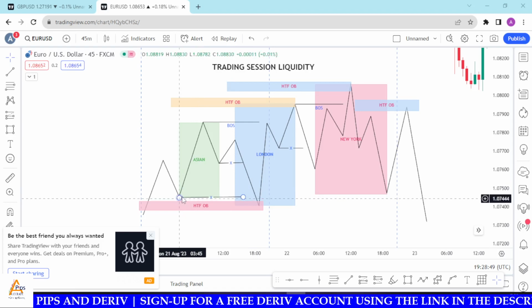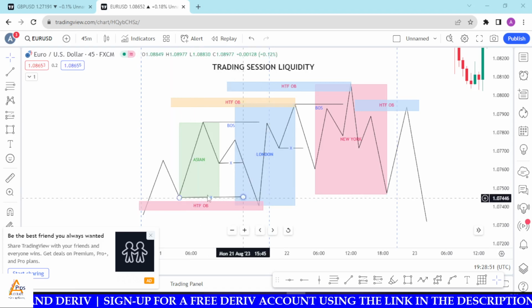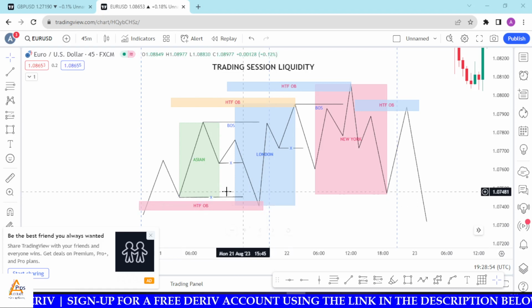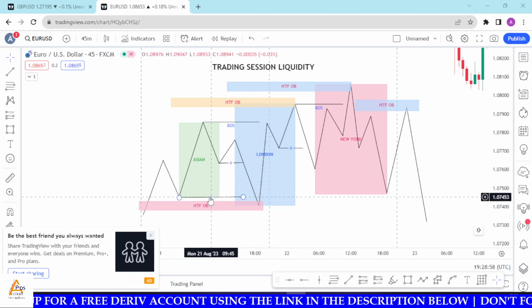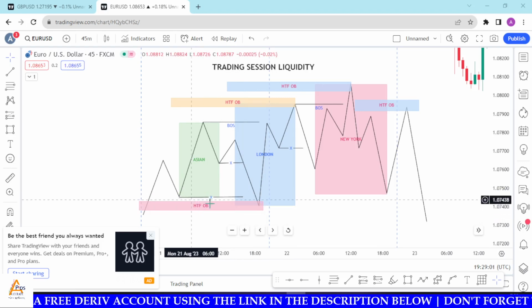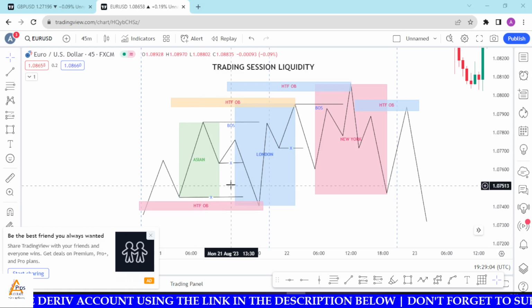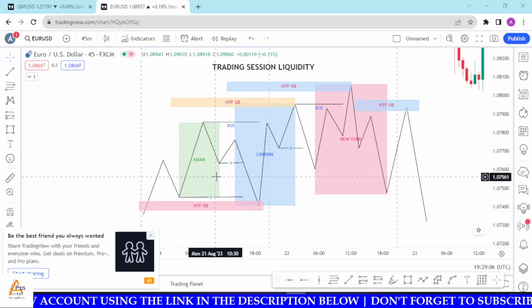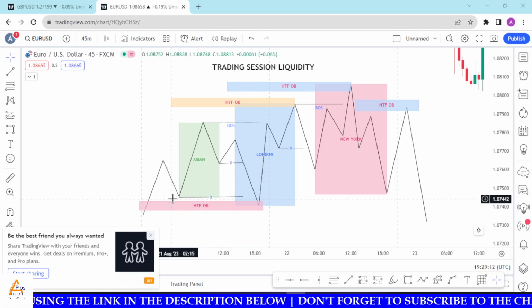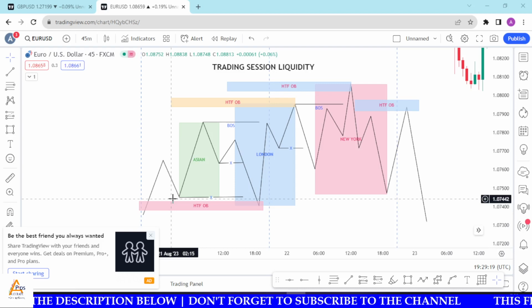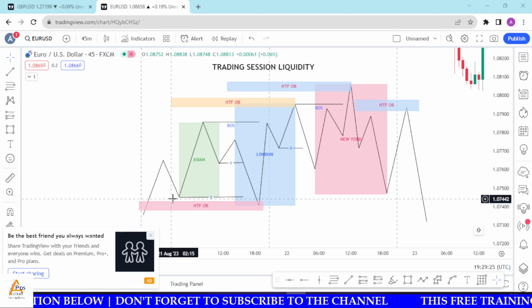Support traders will also begin to look for buys in the area below the session low, and they also put their stop losses below. When that happens, there is a lot of liquidity pumped into the system for smart money traders to pick those orders, grab that liquidity, and then turn the market in their direction, either to push the market up or to push the market down.